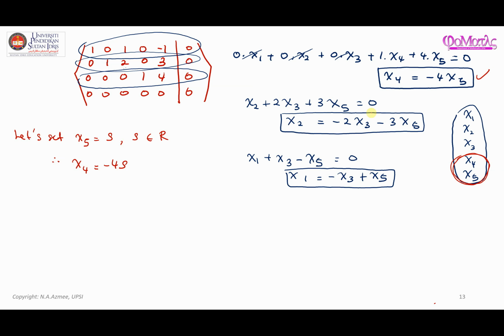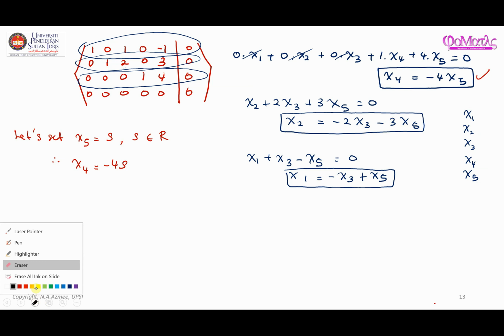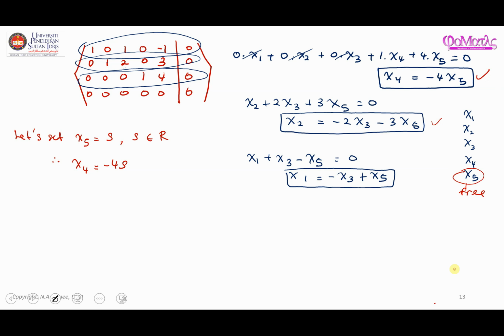Next, x2 has something to do with x3 and x5. And so far, we already set x5 to be the free variable. Now, based on this equation, we can also set x3 to be the free variable. Okay, we need 2 free variables.